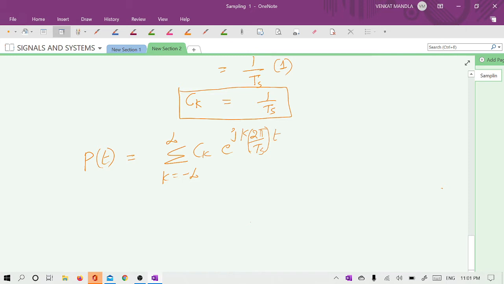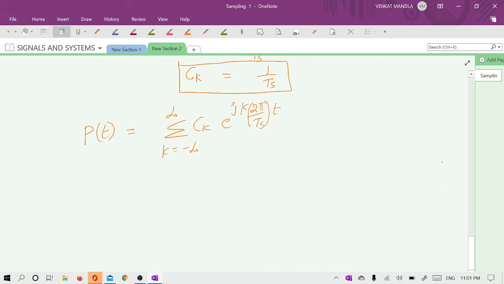This is P of t. So we got P of t equals sigma k equals minus infinity to plus infinity 1 by Ts e power j k times 2 pi by Ts into t. This is P of t.